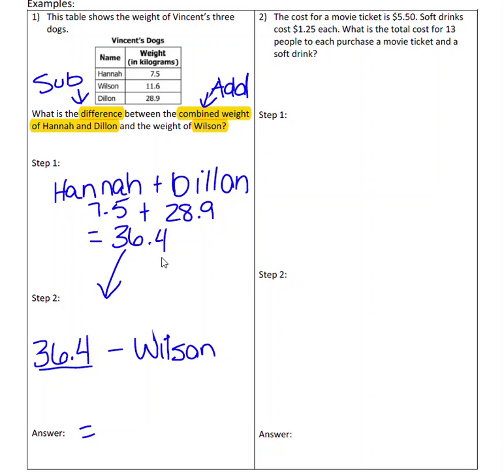Then I took that 36.4 and I'm going to come down to step 2 because it wants the difference between Hannah and Dylan minus Wilson. And Wilson is that 11.6. So I need to take my 36.4 and subtract out my 11.6. And if you want to write it a little bit neater, you can. So I'm just going to subtract that 11.6.